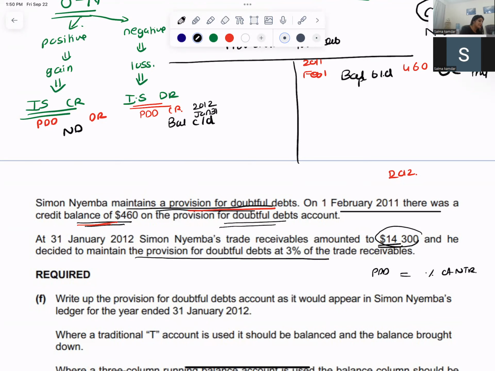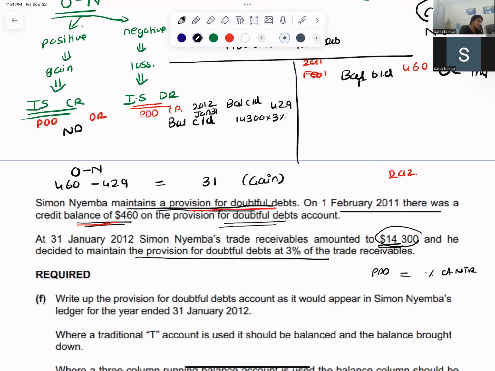So I will create my new provision of 14,300 into 3%, which becomes 429. This will be my balance carried down. Then I will do old minus new. Old provision is 460, new provision is 429. Old minus new is a positive 31. That means it is a gain for me.